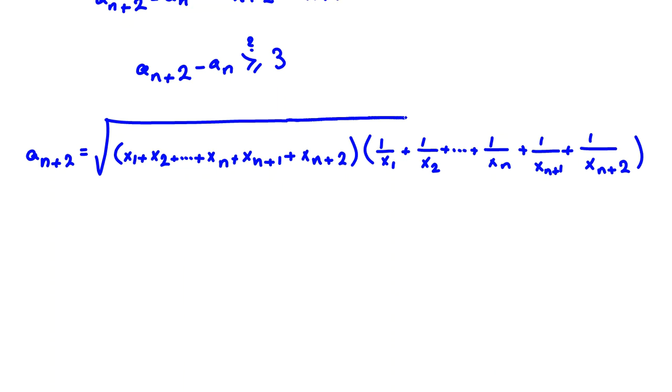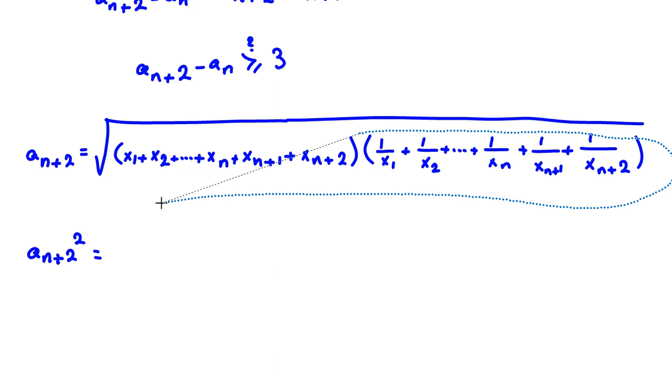We'd like to get rid of this square. So I say A_{n+2} squared is equal to this part. Let me copy.